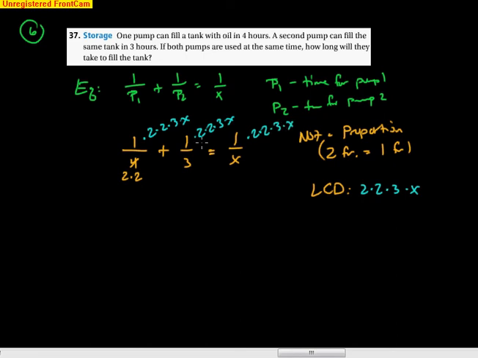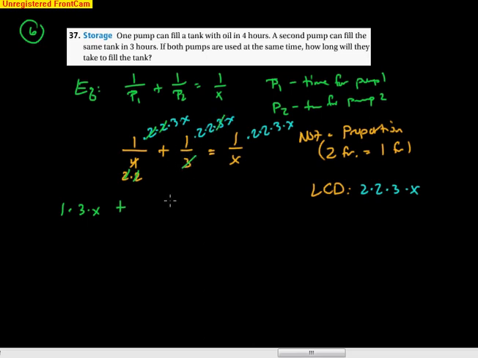Okay. And now, anything that's the same on top and bottom can cancel. 2's gone with the 2. 2's gone with the 2. So my denominator is now gone, and this is 1 times 3 times x plus, in the second fraction, 3 cancels the 3.